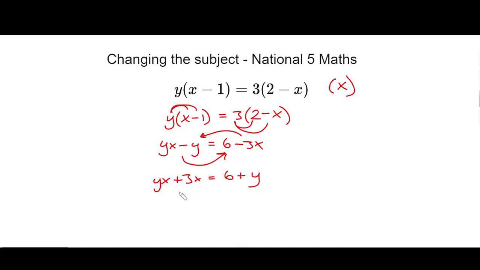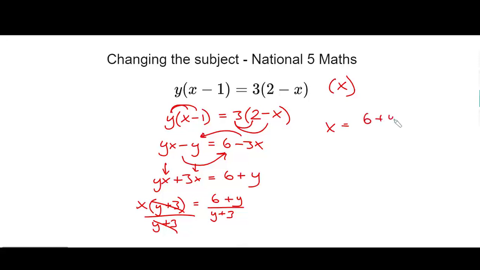So we've got x here and x here, so we can take x out as a common factor, and that'll be x(y plus 3) is equal to 6 plus y. So we can divide by y plus 3 on this side, because y plus 3 gets rid of it, and then you're just left with x. Then we can say x is equal to (6 plus y) divided by (y plus 3).